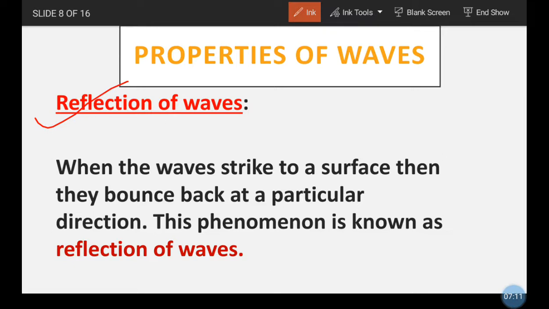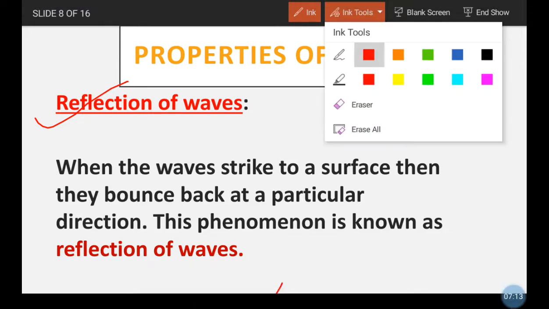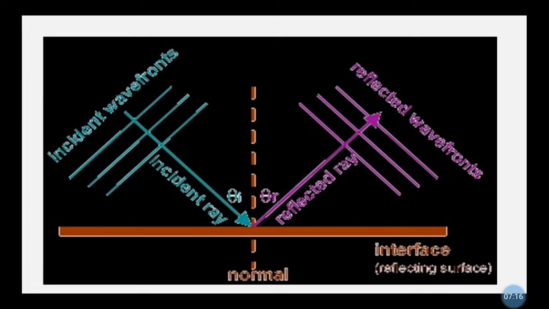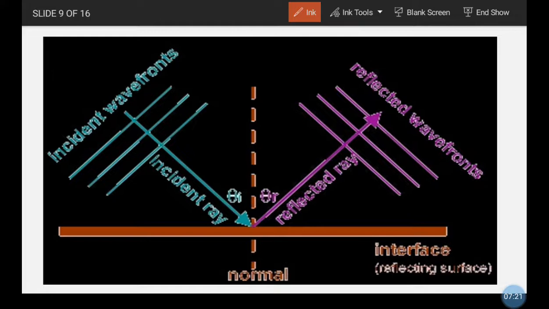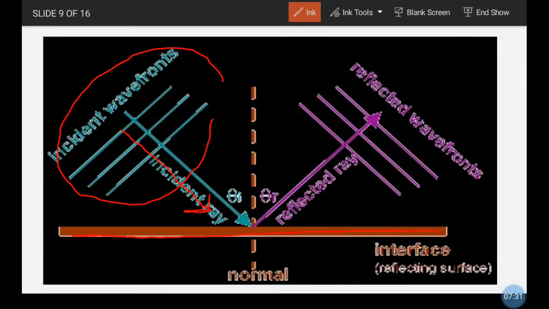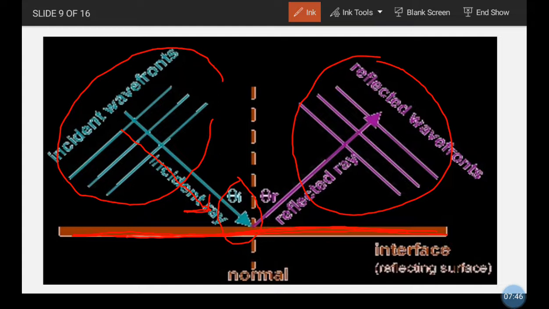Let's see the diagram. Incident waves are the waves which are moving towards a rigid surface, or I can say this wave is moving towards the reflecting surface, and when it strikes the surface, then it bounces back in a particular direction.